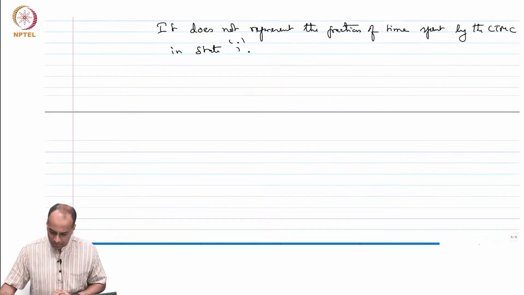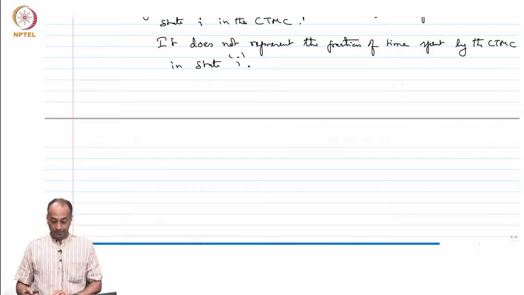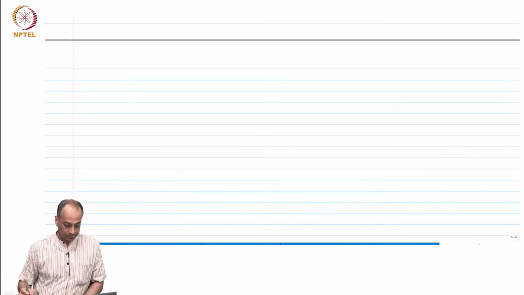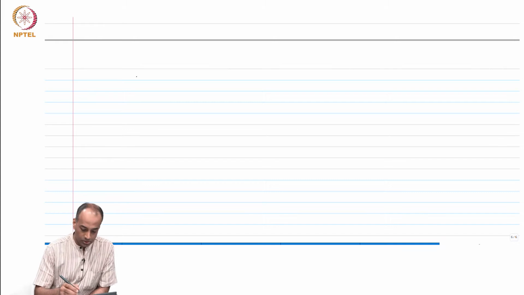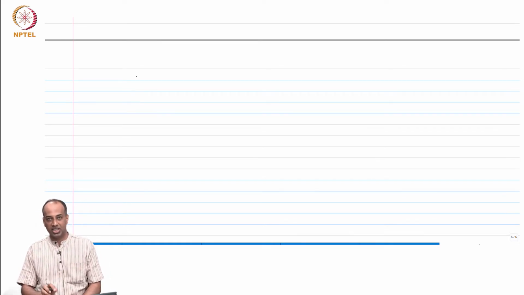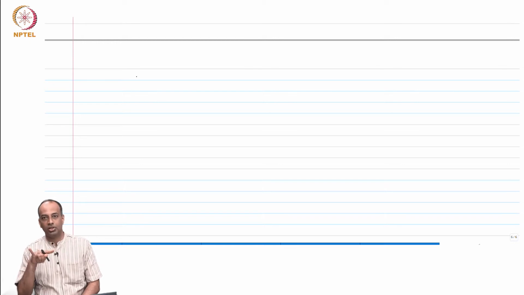There is another equivalent way of looking at the CTMCs that I want to talk about. So, we have talked about the embedded DTMC with transition probabilities Pij and exponential holding times of rate nu i if you are in state i.